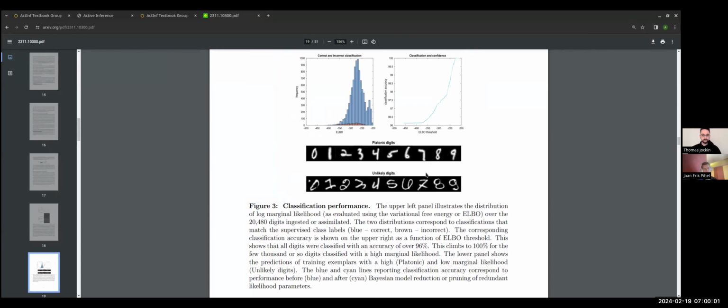And then there's Bayesian model reduction, which is you take your model and you ask, which of these parameters is the worst and which one can I reduce out?